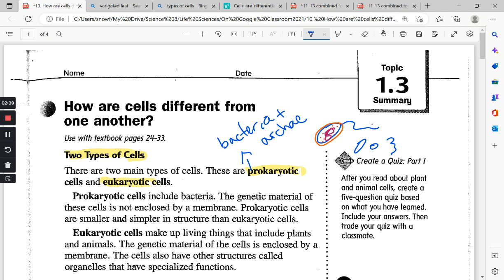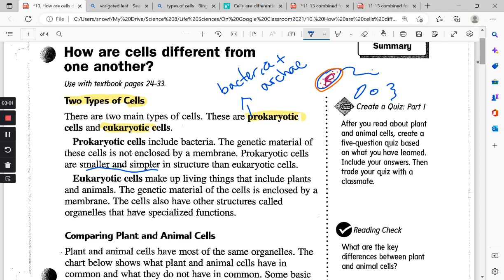So there are many different varieties of bacteria that exist. These are the main three shapes, and they're very small, very simple. So what we're going to see when we do our lab next class is that the bacteria are going to look very, very small compared to the other cells.